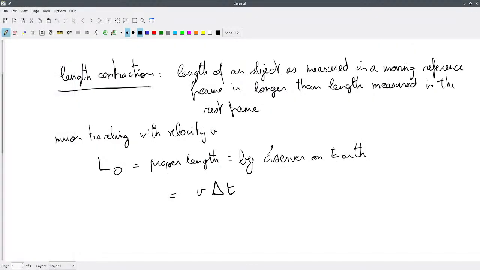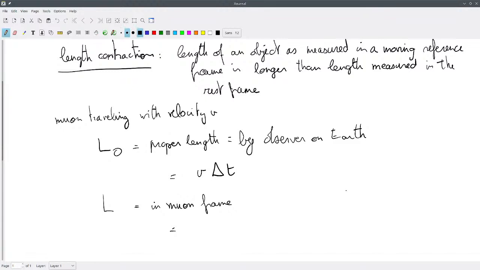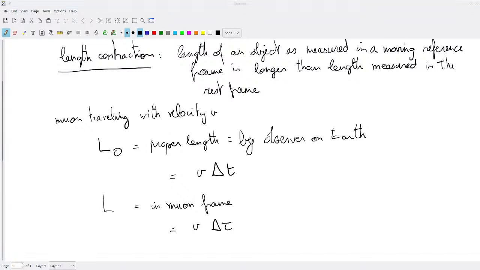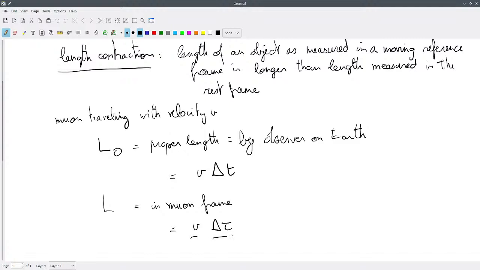So in this moving reference frame, the muon reference frame, the muon will measure a length that is v times delta tau. The muon will think that it's going with a velocity v, so the length must be v times delta tau.